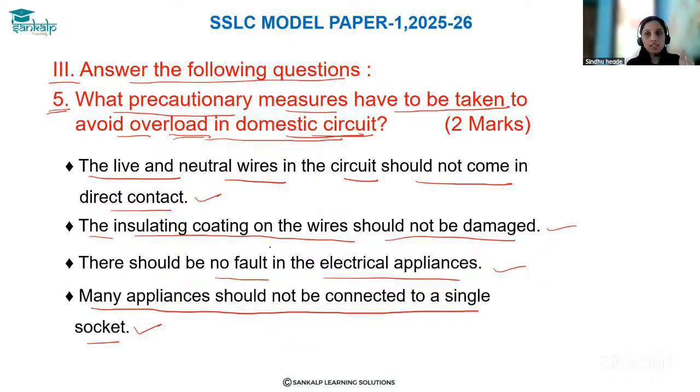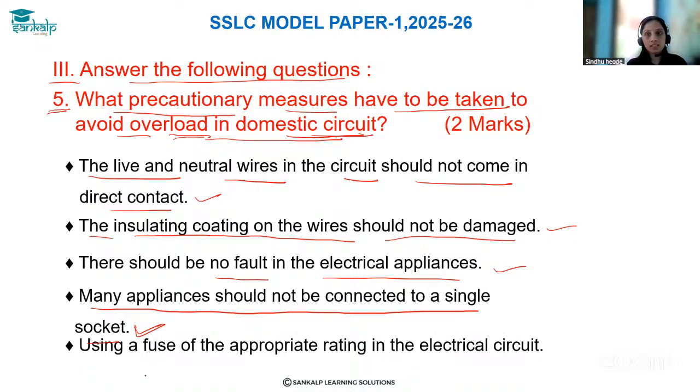A domestic circuit has sockets, and appliances are connected to different sockets. Too many appliances should not be connected to a single socket. This is also a precaution we have to take to avoid overload in a domestic circuit.